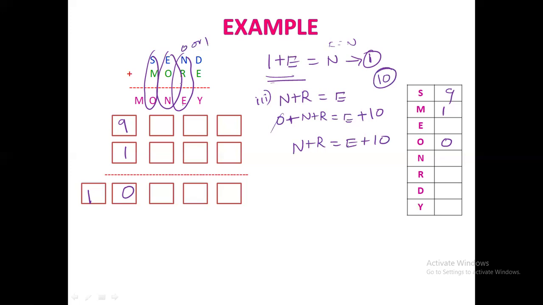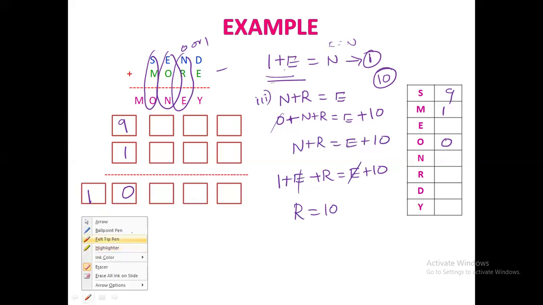Okay. So what is the N value here? What can we substitute? 1 plus E. N is equal to 1 plus E, so 1 plus E plus R is equal to E plus 10. This E will get cancelled. So the R value is equal to 10 minus 1. 10 minus 1 is what?